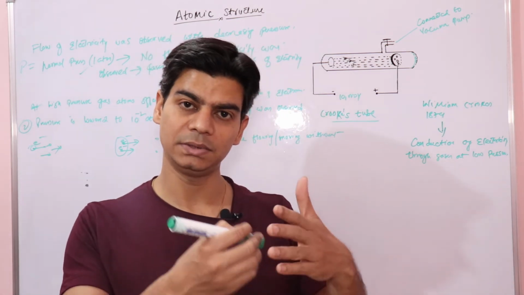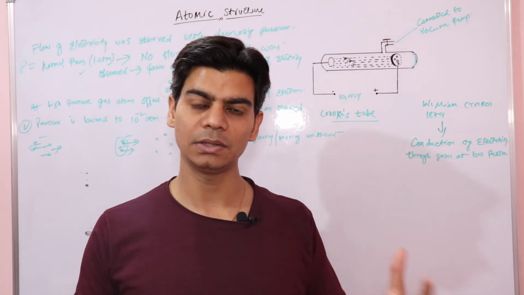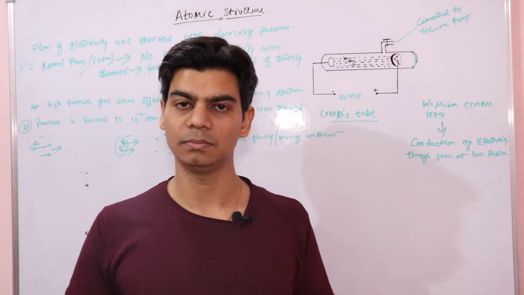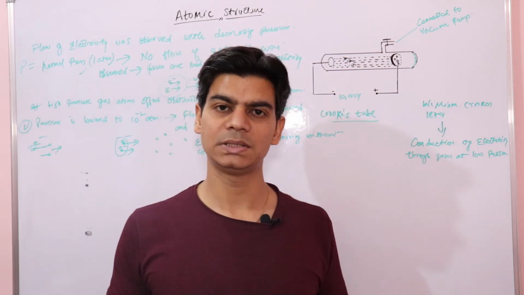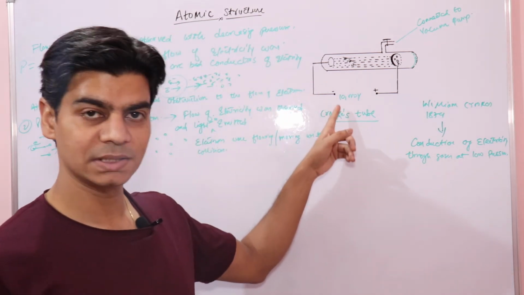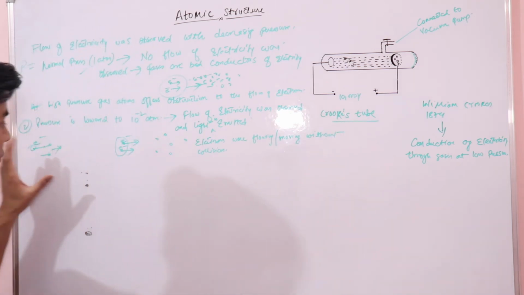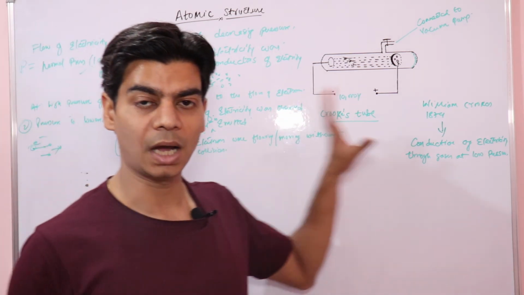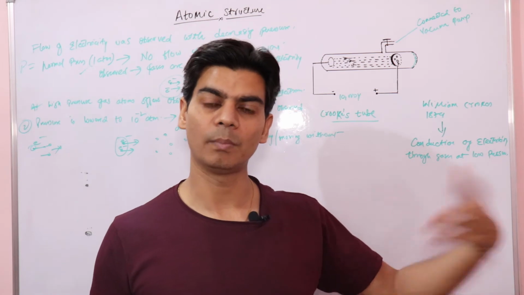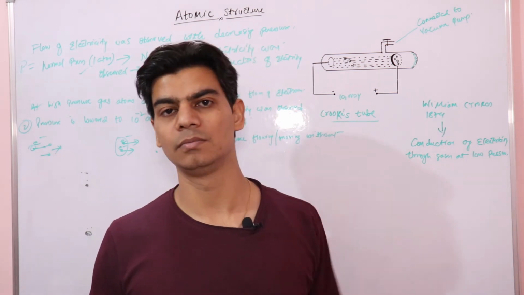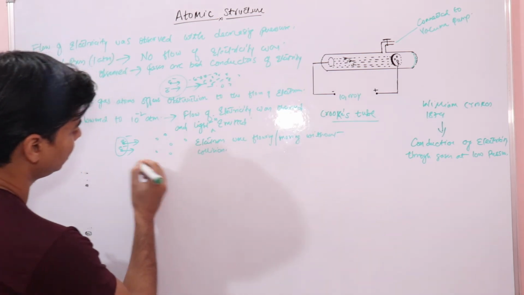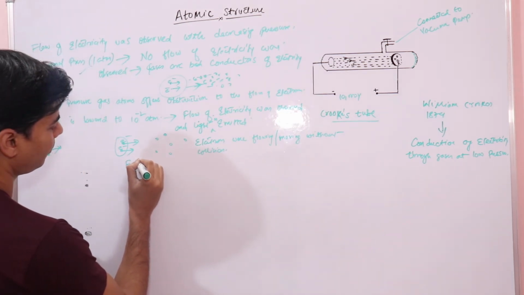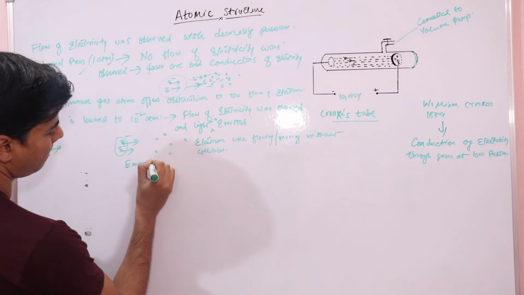When these gaseous atoms are excited by bombardment with fast moving electrons, light is emitted. So light is basically emitted from the gaseous atoms on bombardment with the high speed electrons.